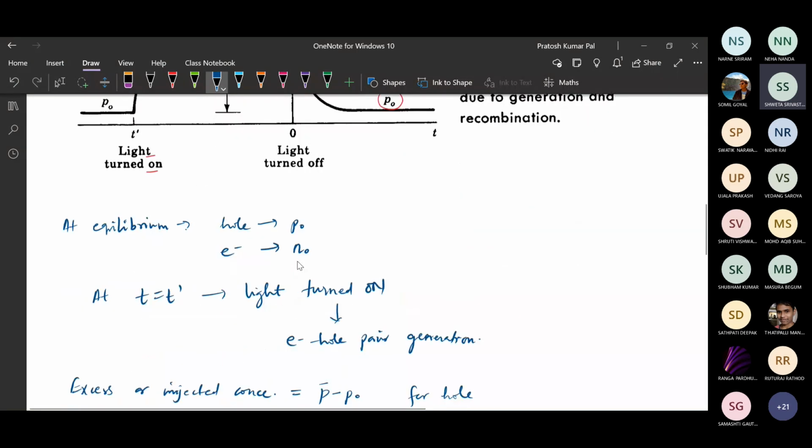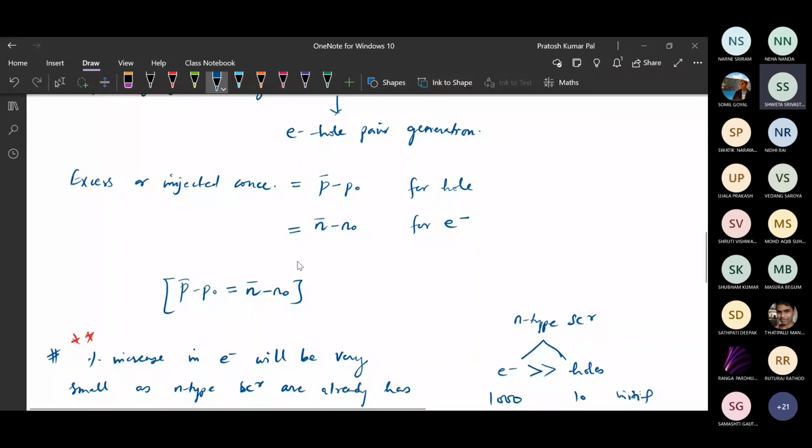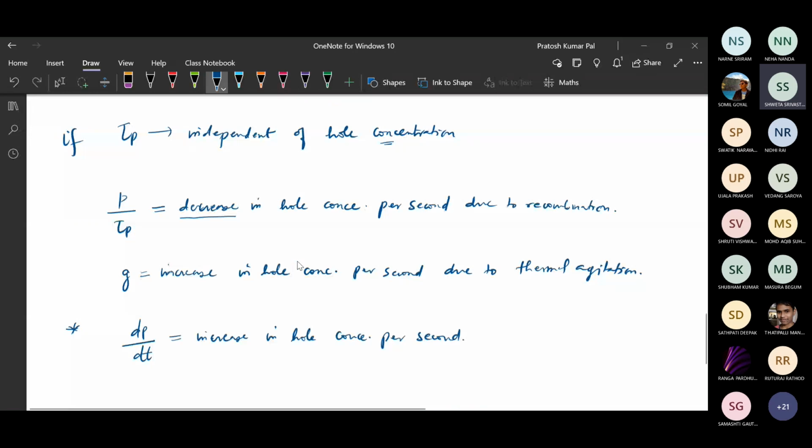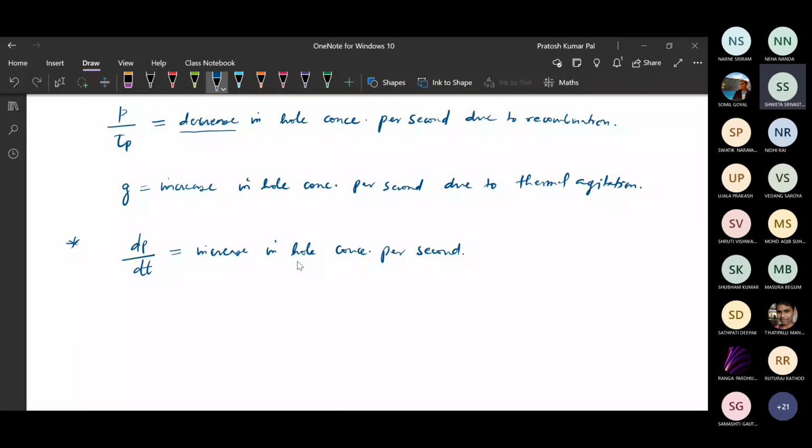Okay, but p by tau p is the amount of decrease in hole concentration because of recombination, and g is the amount of increase in hole concentration because of generation. But overall the concentration of holes is going to increase, so this increase per unit time, dp by dt, will be given as the increase in hole concentration because of thermal agitation minus this amount.